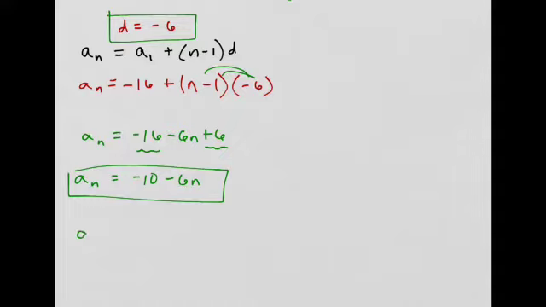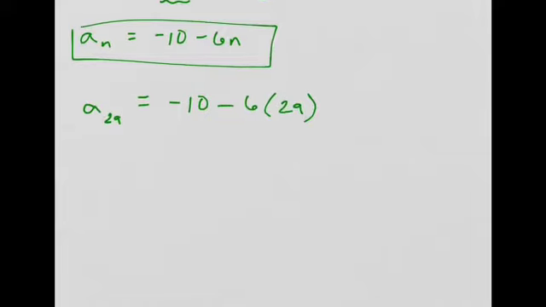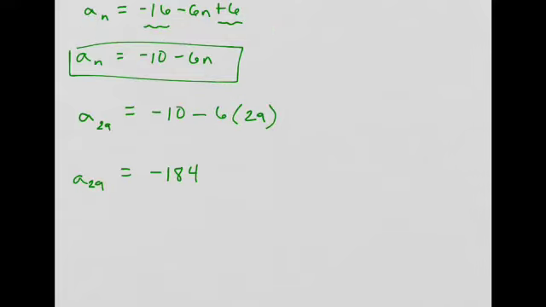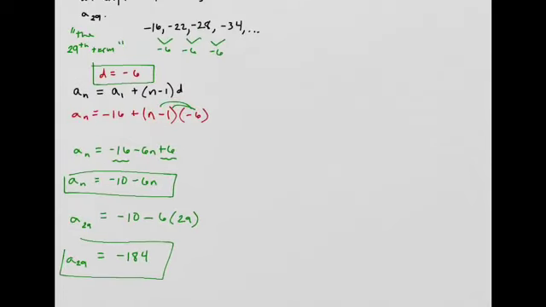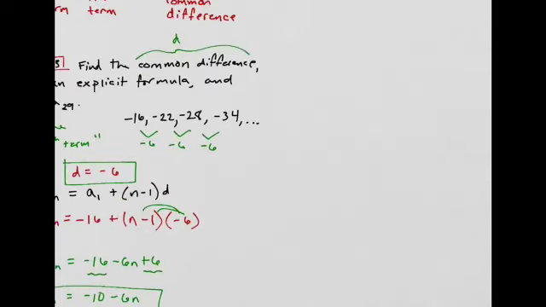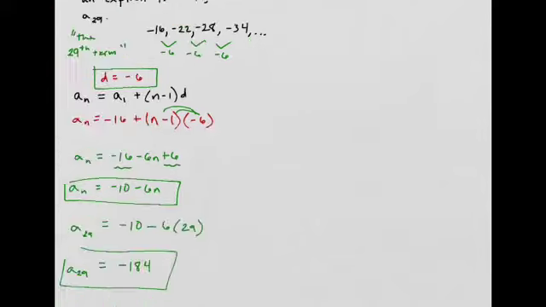Plug in the 29. What is that? So we have negative 184 just by plugging it in. We could have subtracted 6, subtracted 6, subtracted 6, and so on for 29 times or 27 times or whatever. But since we have the formula, we can just use that.